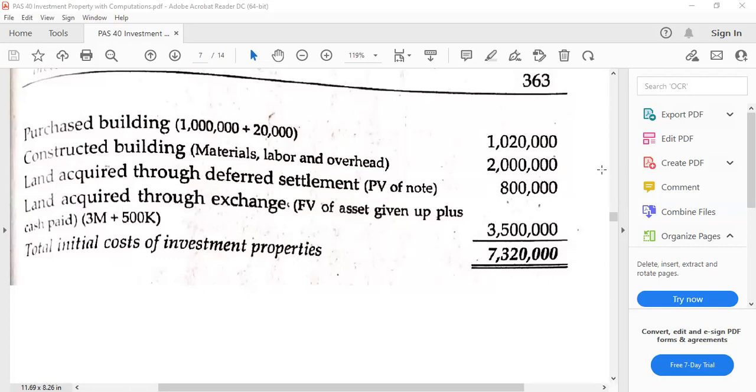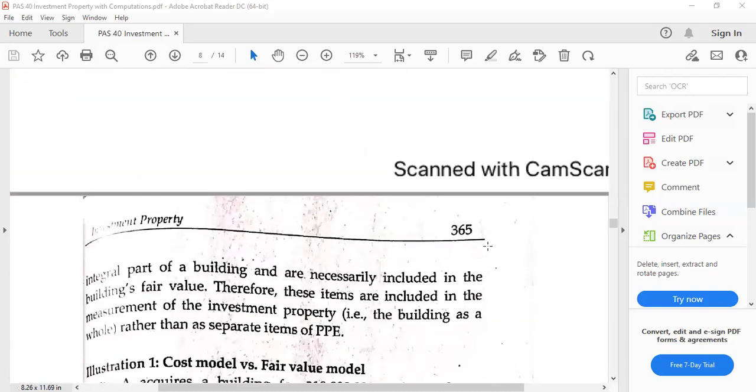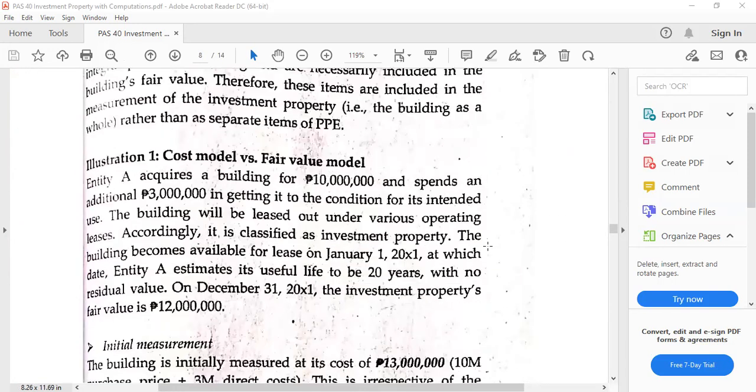And indeed, we have the same answers as what we've discussed a while ago, for total initial cost of investment properties of 7,320,000 pesos. Next, for this one, what about for the models? Well, as said, initially, or initial recognition, we are going to record investment property at cost.